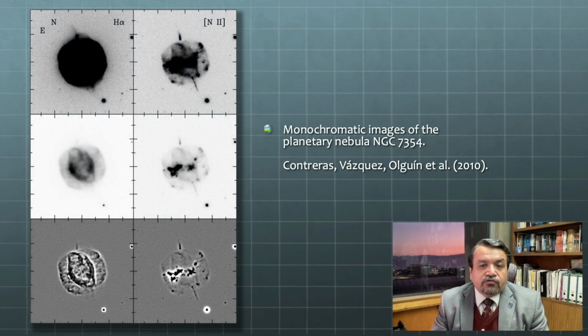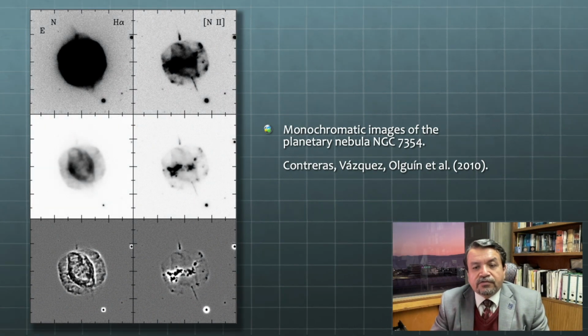Although we also use narrow filters, e.g., here we have the article by Mari Contreras and colleagues in 2010, where we analyzed the planetary nebula NGC 7354. They see in the left column images an H-alpha image, and in the right column a nitrogen-2 image.